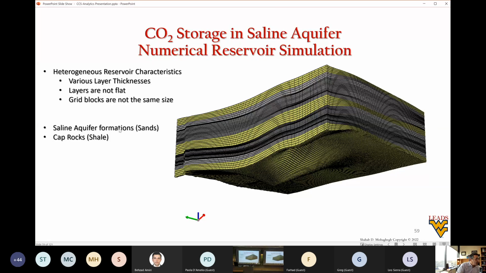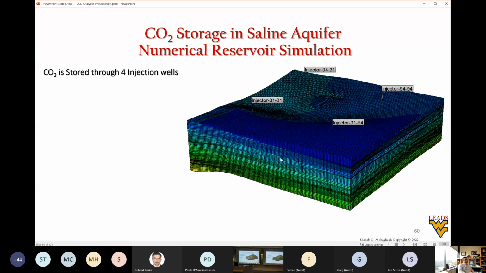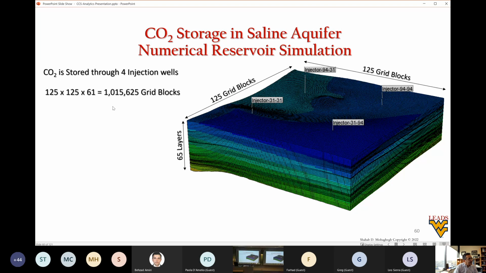So the saline aquifer is in sand. What you see here in gray is the sand, and it has some cap rocks, which are shale, and you can see them in yellow. As you can see here, the CO2 storage in this numerical simulation includes 4 injection wells. The number of cells is 125 grid blocks in the x-axis, 125 in the y-axis, and 65 layers.